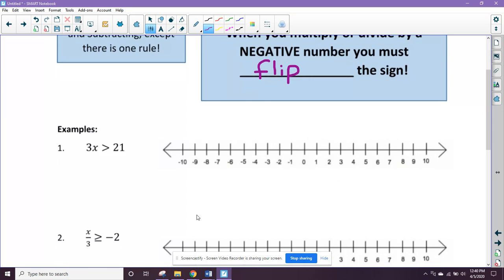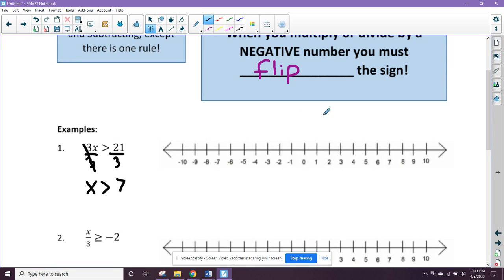So let's look at number 1 here. 3x is greater than 21. We divide both sides by 3. Get x to be greater than 21 divided by 3 is 7.